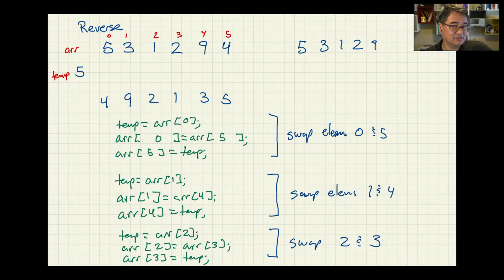In integer division, it'll be 2, which means 0, 1, 2. Maybe I'll stop here at element number 2 and end up swapping it with itself. Is that okay? Maybe it's a little extra work, but the result is I end up with an array that's reversed. So I think it's going to work, but we'll try it out with both cases, okay?